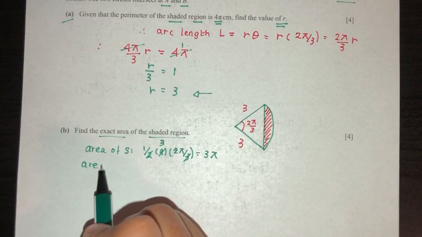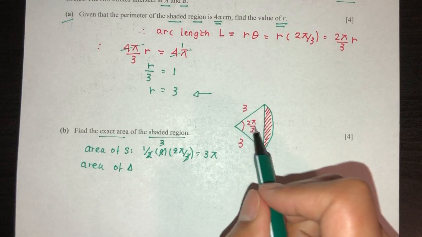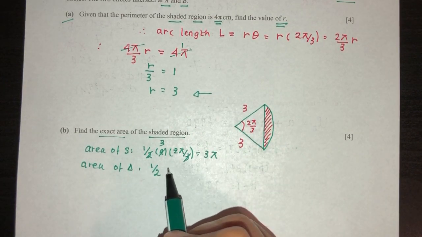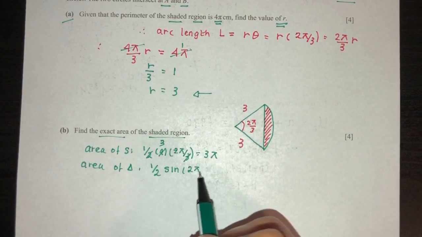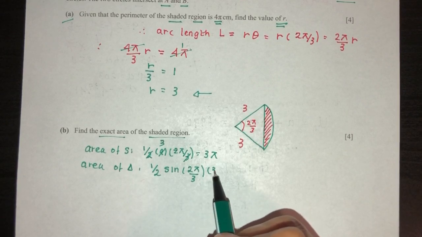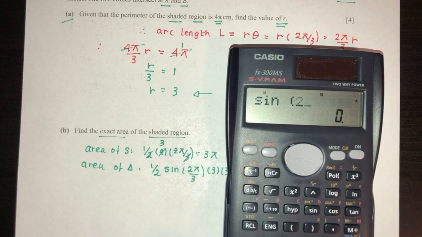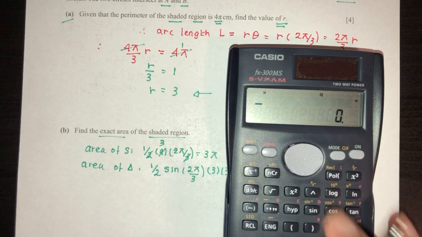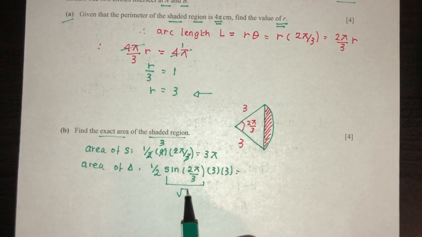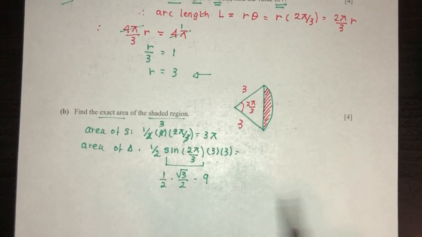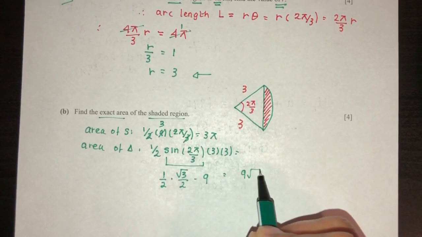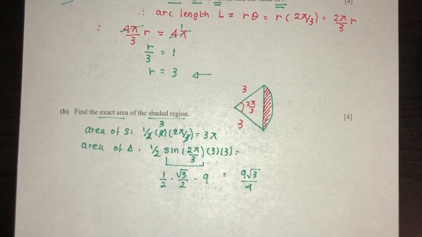Now minus the area of the triangle, which is half sine of the angle times the two sides. Sine of 2 times 180 divided by 3 becomes root 3 over 2. Half times 9 times that, so you will have 9 root 3 over 4 for the area of the triangle.